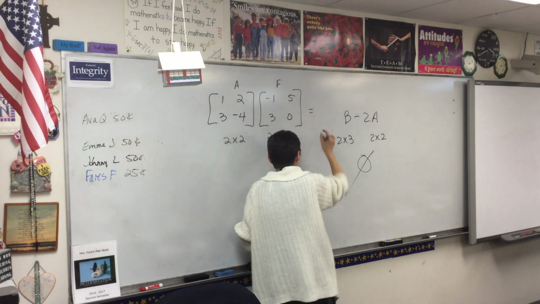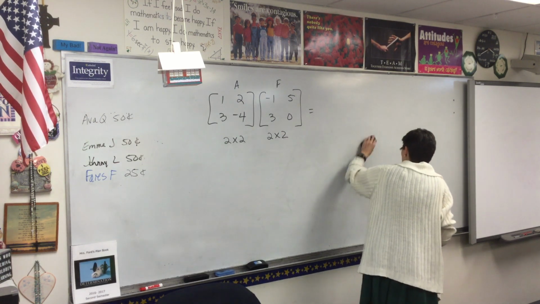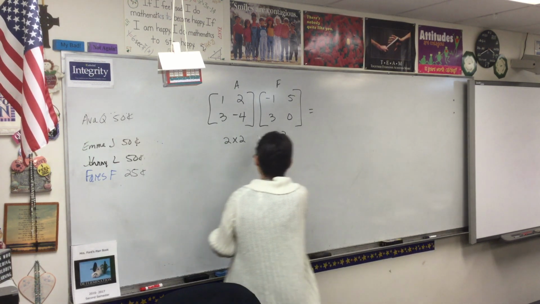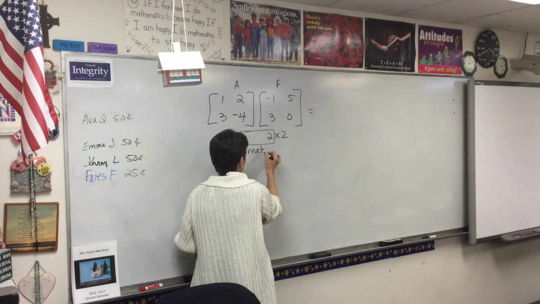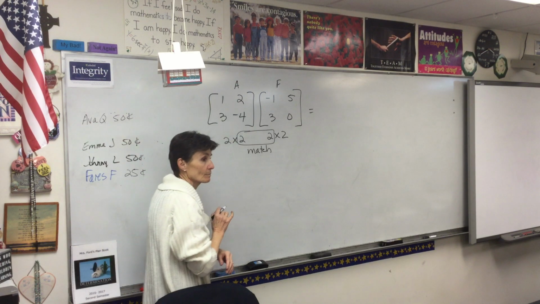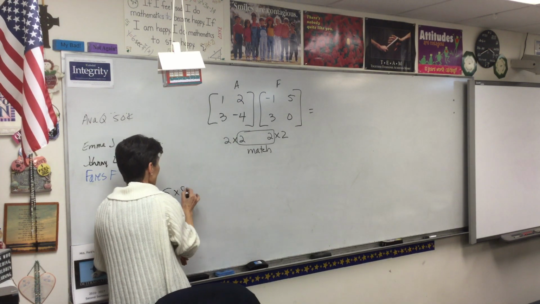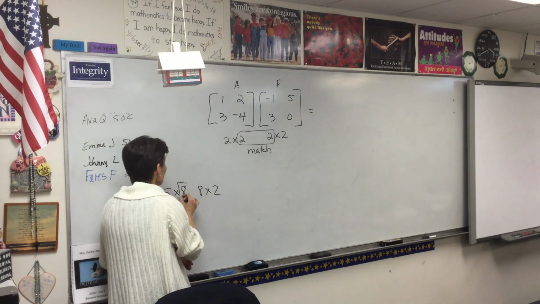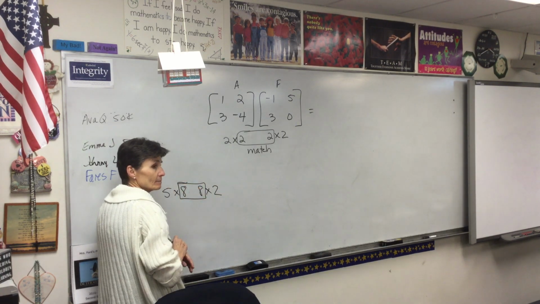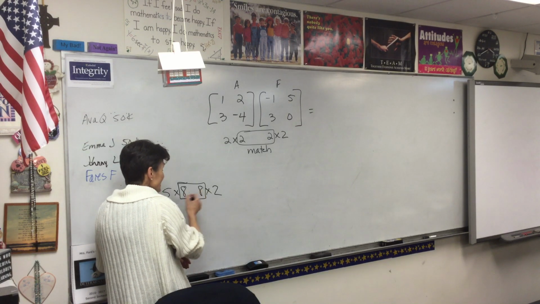In order to multiply them, these two have to match. So if you had a 5 by 8 and an 8 by 2, you can multiply, as long as these two match.